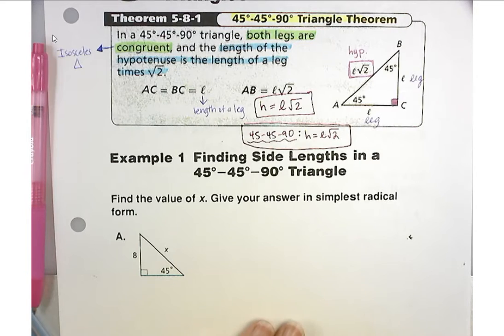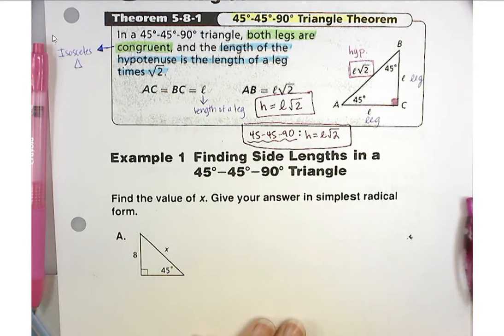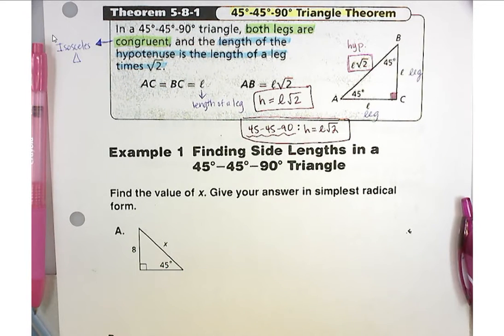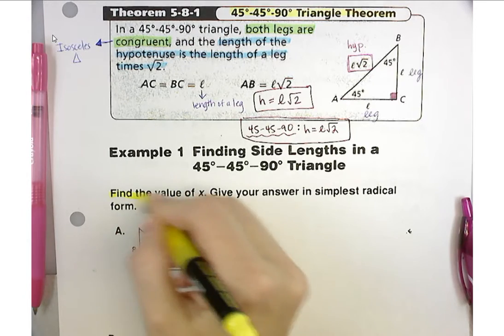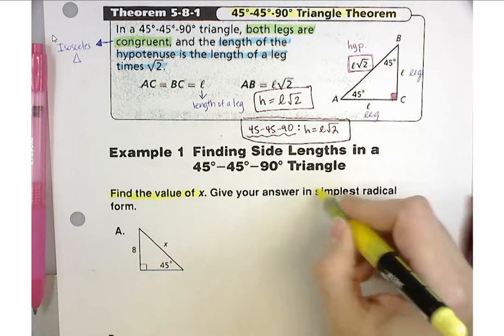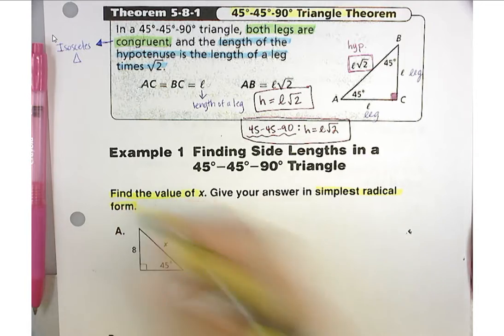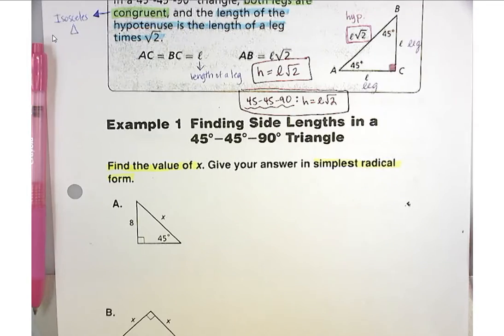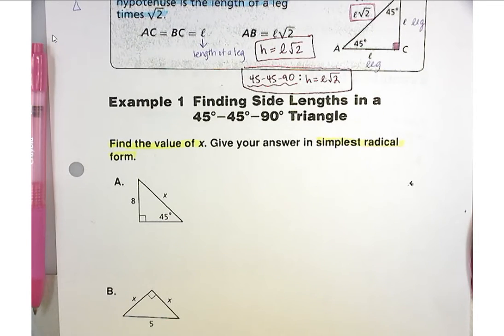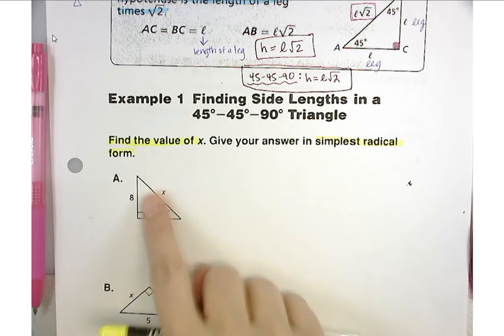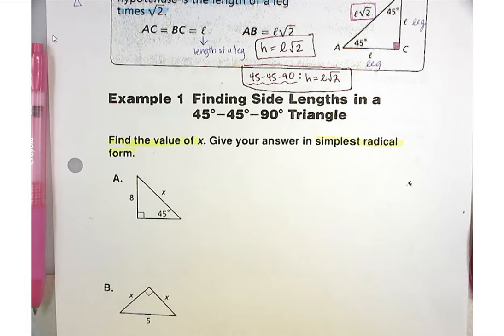So when you are trying to find the side lengths, it tells you to find the value of x, but your answer has to be in simplest radical form, which is something that we've been working on. The first thing I want to do here is identify what my hypotenuse is and what my leg is. Okay, so Lance, tell me how I know what the hypotenuse is now.